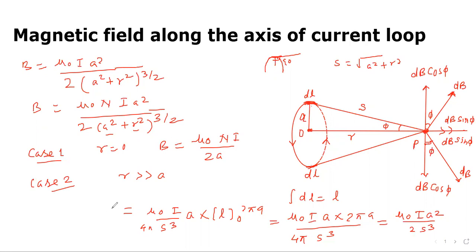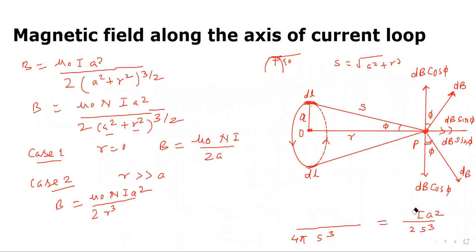So our answer will be B equals mu naught N I a square divided by 2 r cube. And suppose we want to express it in terms of area, then the area of the circle is pi r square.